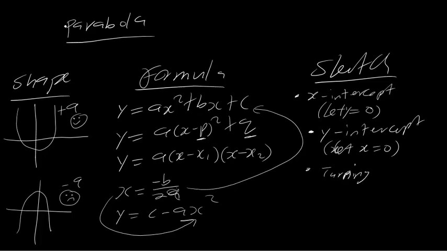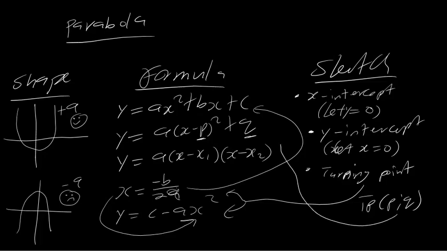The last thing we need is our turning point, and we said to find the coordinates of the turning point, these are the two equations. Or you find the x value first, then substitute into the general formula, and you find the y value. So that would be your turning point, which I usually label p and q in case you're given the formula in this format.